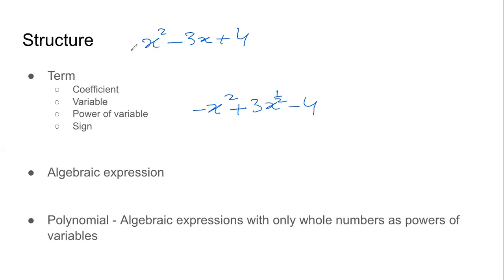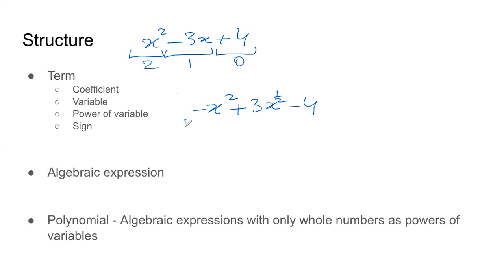Now, there are three terms here. The power of the first term is 2. Power of the term means power of the variable. The power of the second term, which is power of x, is 1. In the third term, power of the variable is 0.